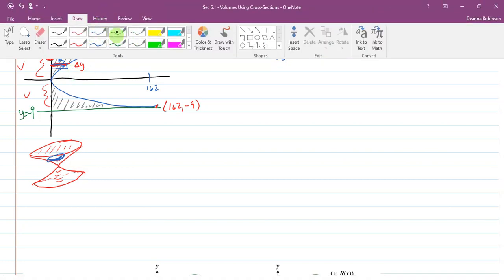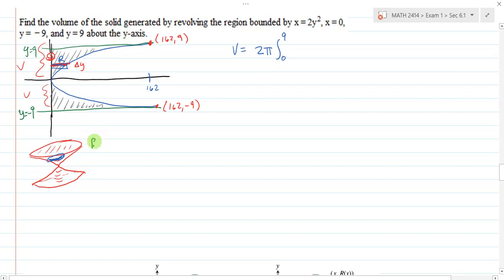If you have a vertical radius, it's top minus bottom. But for this problem, when we have a horizontal radius, we use the right-hand function minus the left-hand function. The right-hand function is this curve right here. The left-hand function is 0. So this ends up being 2y squared dy.